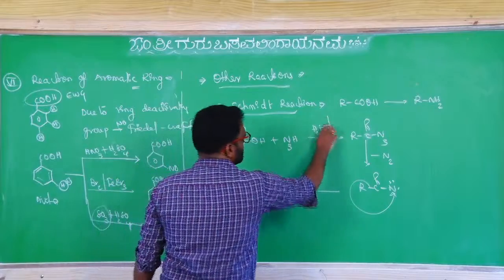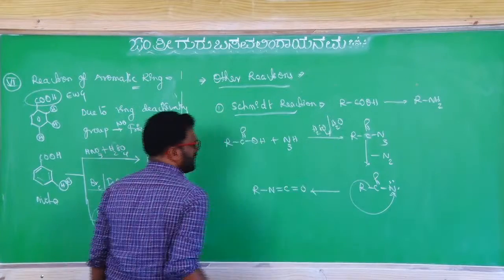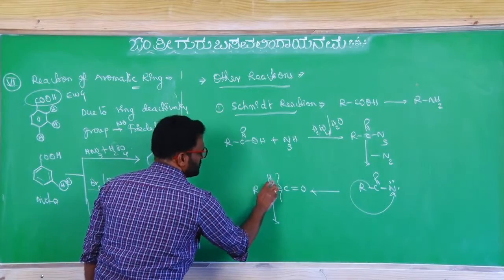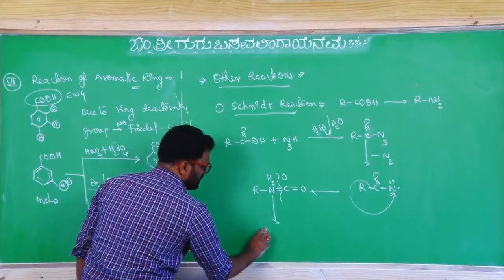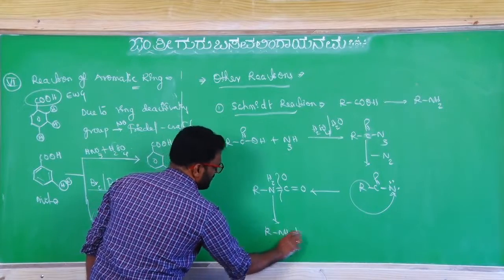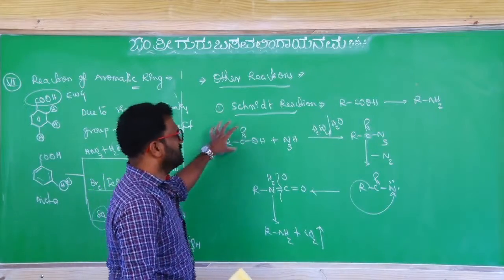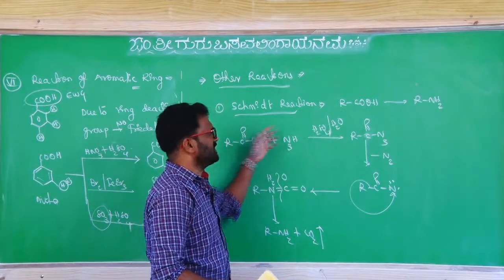After this, you have to do the acid hydrolysis. If you do the acid hydrolysis, then two hydrogens will be added, along with oxygen. Then you will get the primary amine plus carbon dioxide. So this is the preparation of primary amines from carboxylic acids.